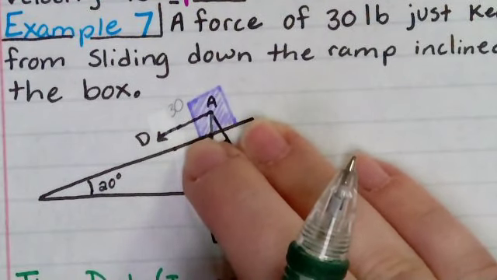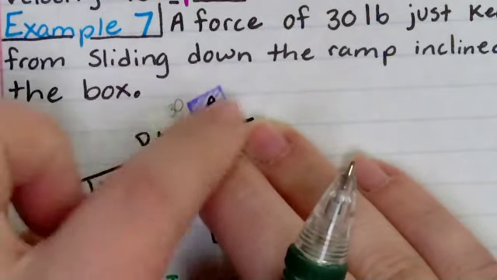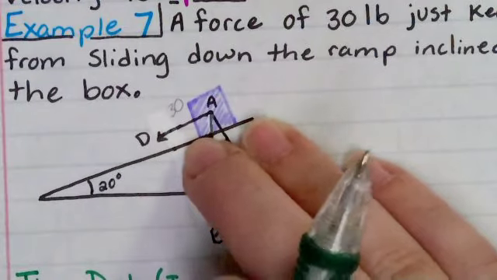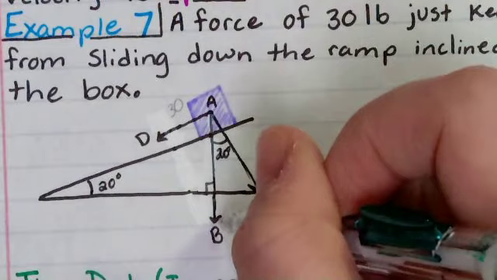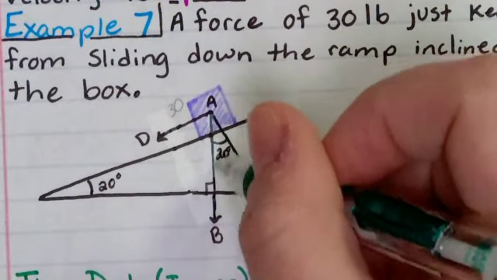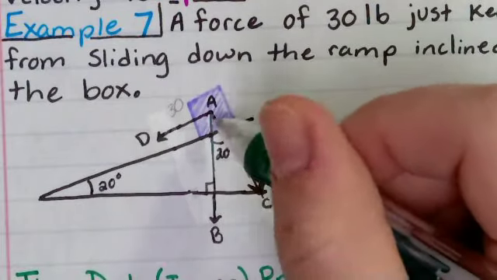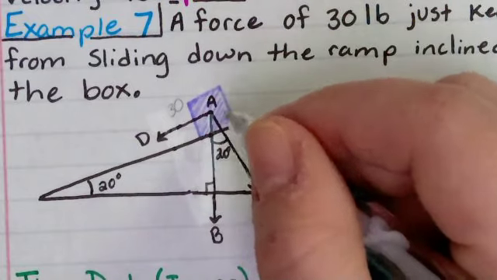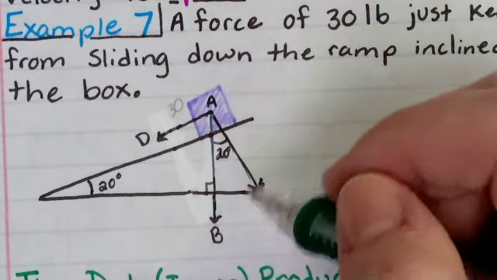Okay, now, really, initially, our scenario would have just been we have this box sitting on a ramp, right? But we have to think of the things that are pulling on the box. Yes, we have this magnitude here that's pulling 30 pounds down the ramp. But we have this straight downwards pressure of gravity. And so that's why we see this ray that I've drawn from A to B. And we also have this weight of the box, and the weight of the box is really what we're looking for as far as AB is concerned.